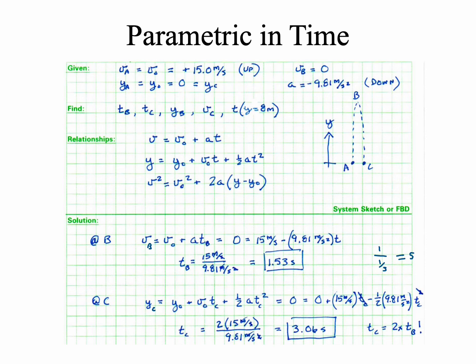I know what the initial velocity is. I know what the acceleration is. I don't forget that negative sign. The only thing I don't know in there is the time it takes to get to B, which, if you rearrange, is just the 15 meters per second divided by the 9.81 meters per second squared. Put that in my calculator, and I get 1.53 seconds.